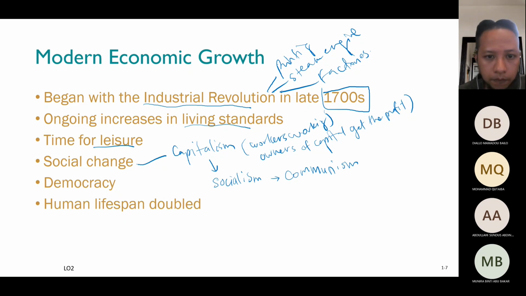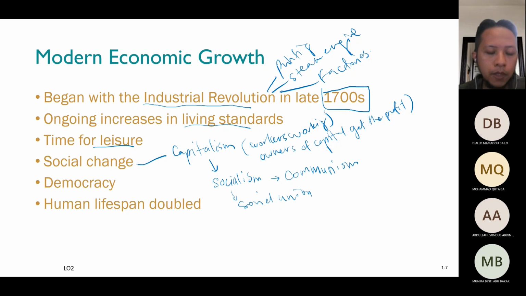Okay, and of course this led to one thing over another, and eventually we saw the rise of the Soviet Union and Nazi Germany, right? So basically there were countries that were implementing socialism and communism, and countries that were implementing capitalism. But eventually, one system prevailed, which is the capitalism system, and the socialism system collapsed.